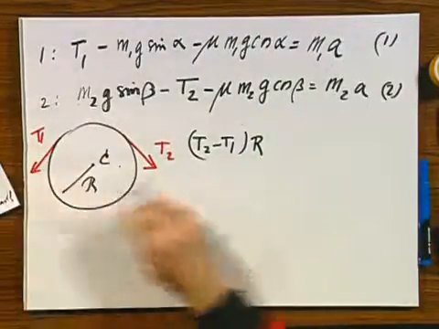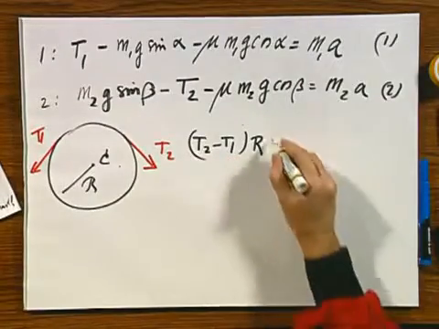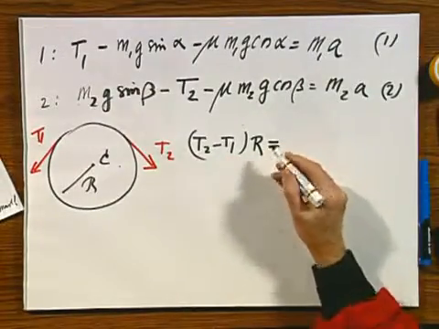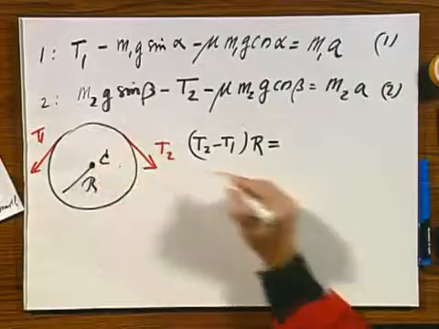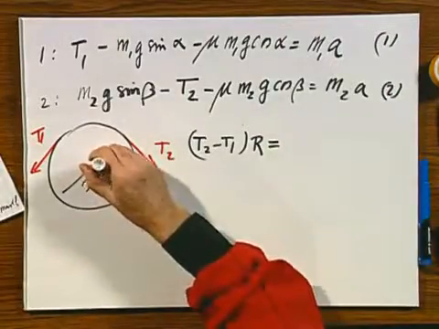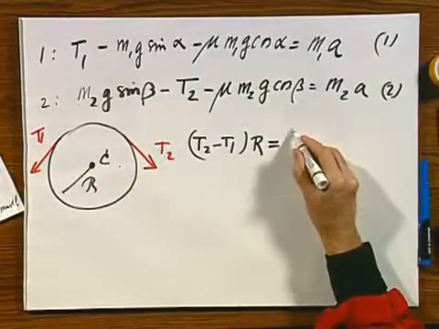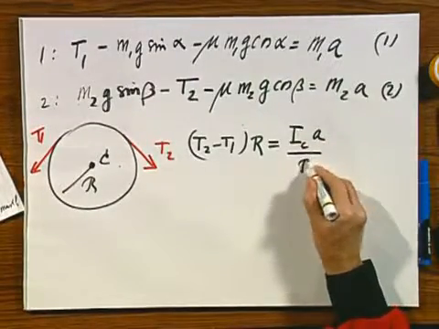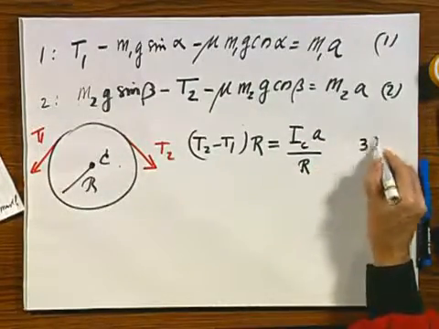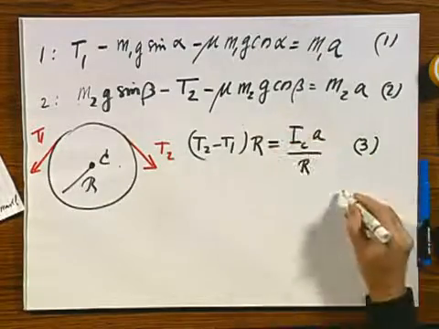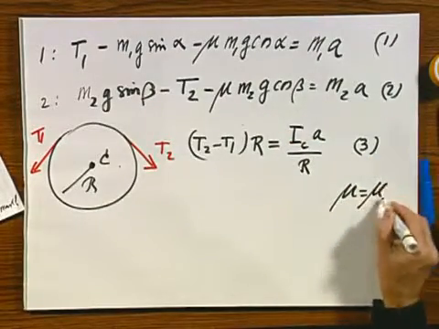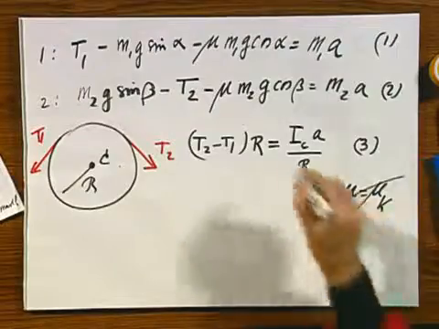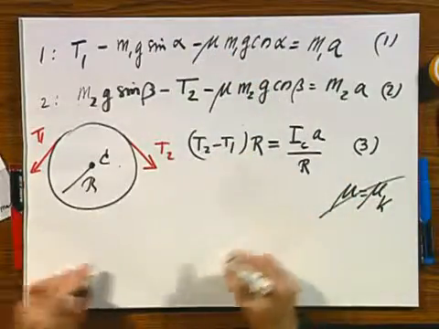T1 is counterclockwise, so that's negative. That is IC times alpha, I about this axis of rotation times alpha, but I'm going to get rid of my alpha, so that is I relative to point C times a divided by R. And this is my third equation. I realize that every time where I have mu, I should really have written mu k, but I'm a little lazy, so I write down simply mu.